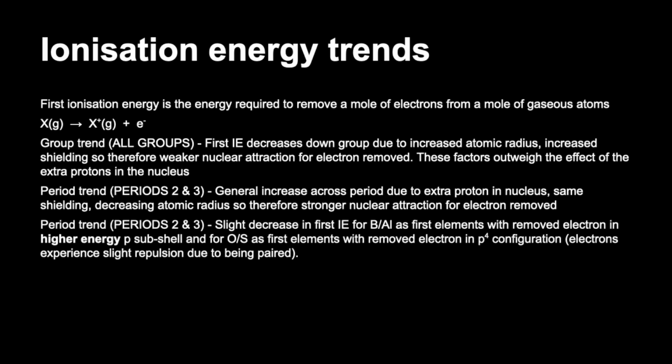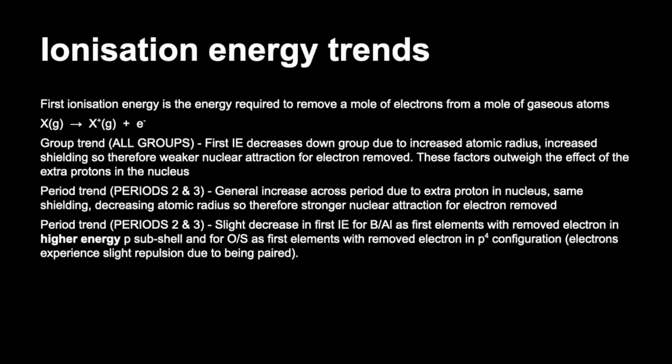There's two anomalies in this period trend. The first slight decrease in first ionization energy is for the group 3 element, so boron in period 2, aluminium in period 3. That's because these are the first elements in the period with their outer electron removed from a higher energy p subshell.